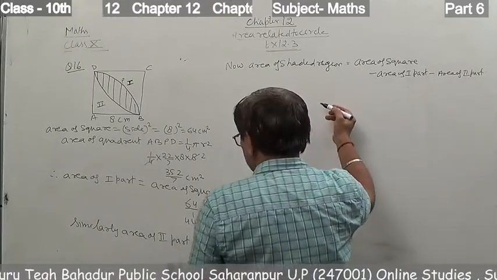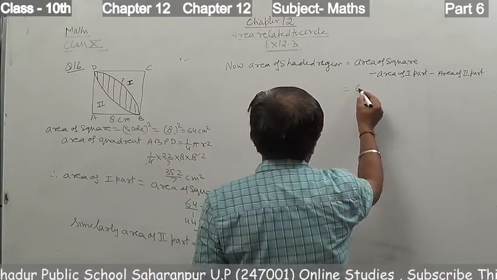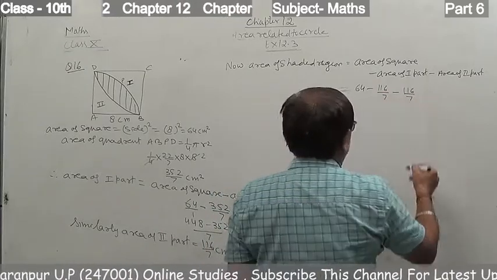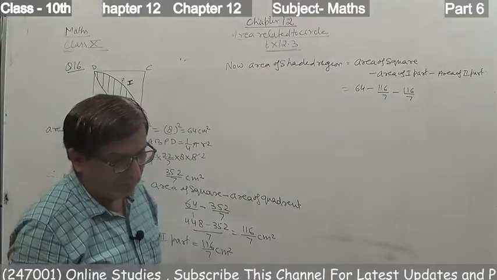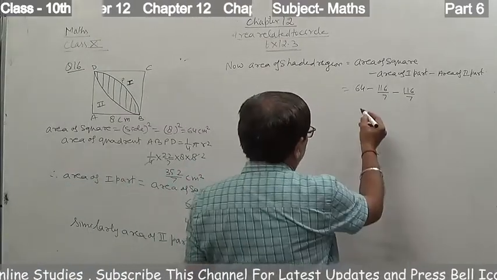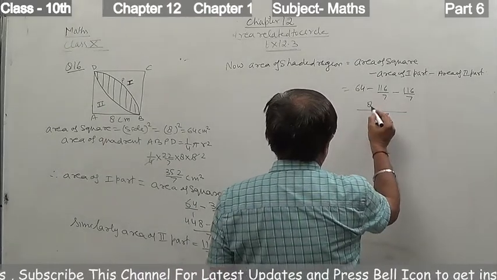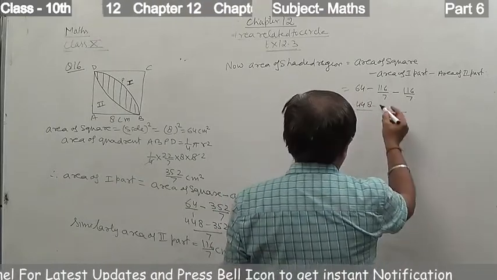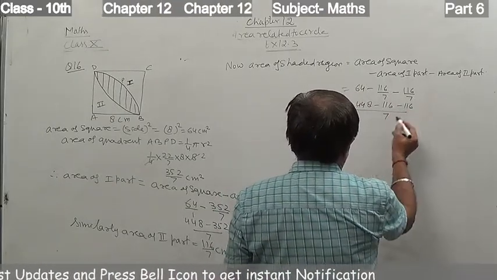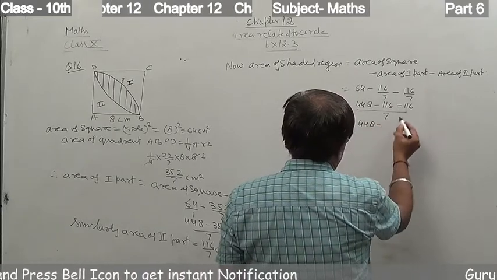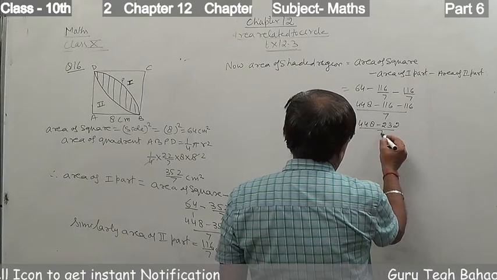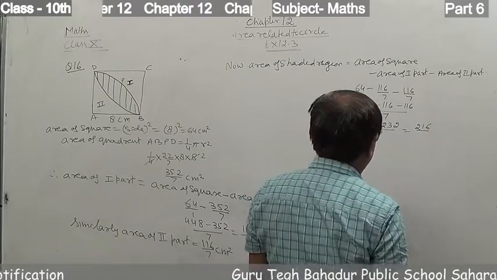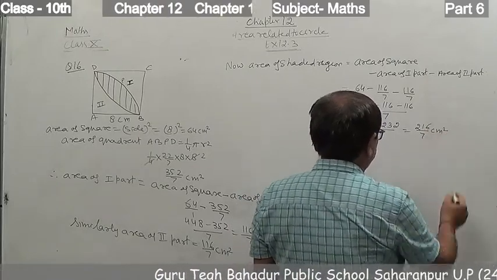So, area of square is 64 minus 116 upon 7 minus 116 upon 7. So, it will be 7 is the LCM, 448, 116, 116, 448 minus 232 upon 7, 216 upon 7 centimeter square.